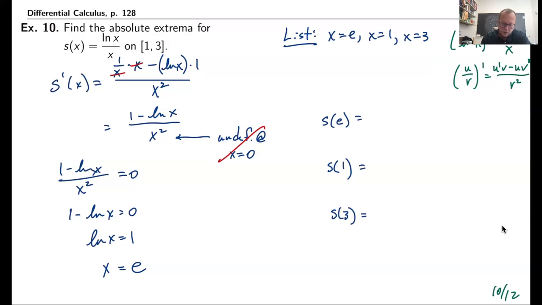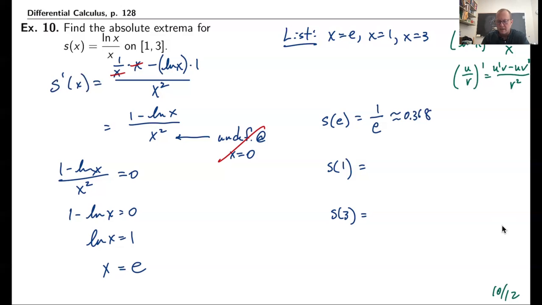Okay, so when I plug in to the ln of x, the top is a 1, and then that bottom of e, and I am going to get an approximation for that of about 0.368.